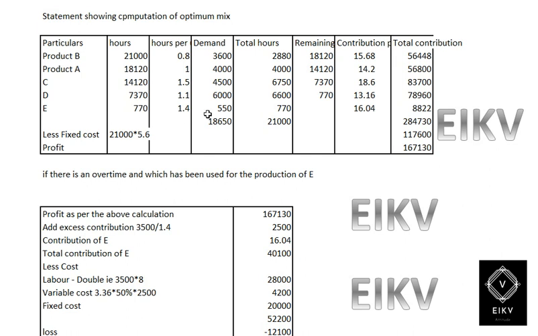So we need to allocate for all of them, and after reaching product D, we will get the remaining hours as 770.